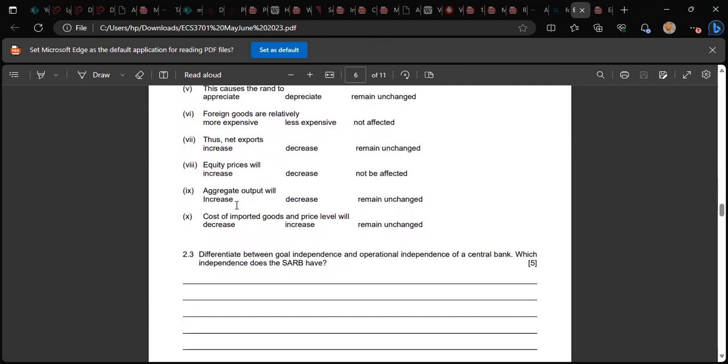Aggregate output, what we expect to happen to aggregate output here, we don't exactly know. Aggregate output is tied to the goods market, but here we are specifically dealing with the financial market, so it's got no effect on our exports, except that if our imports are going up and our net exports are going up, then the aggregate output would actually decrease.